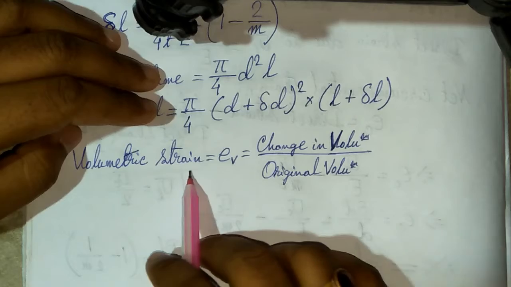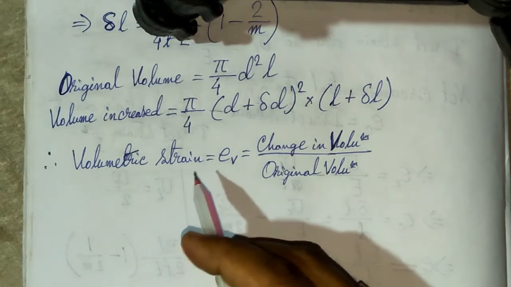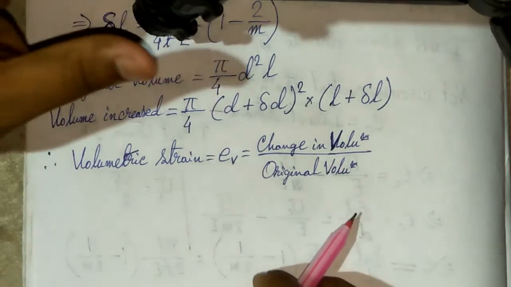Now the volumetric strain becomes e suffix V, which is equal to the change in volume by the original volume.